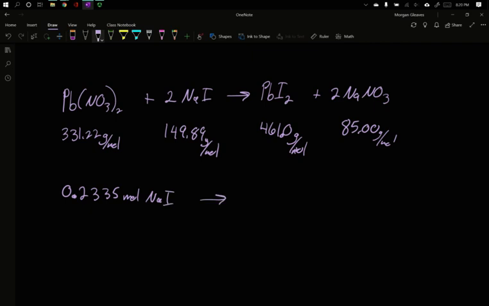And we want to convert this into grams of NaNO3. So I want to find how many grams of sodium nitrate are going to be made if I react 0.2335 moles of sodium iodide with 3 sig figs. Go ahead and give that a try. Go ahead and pause, see if you can calculate out those grams.